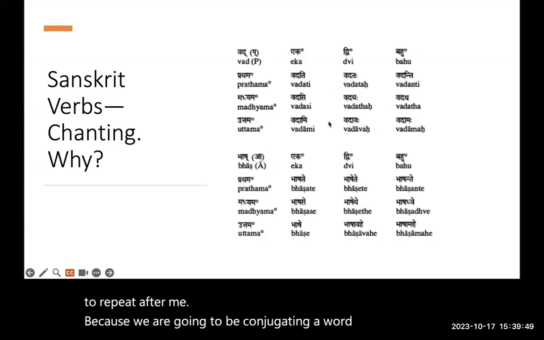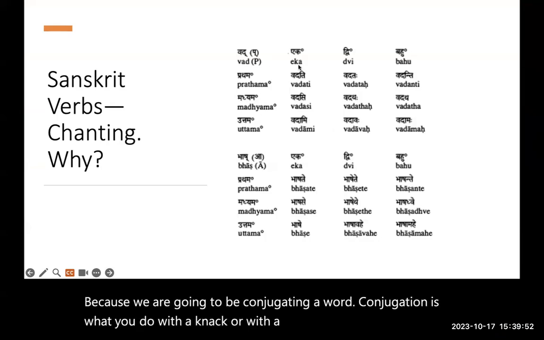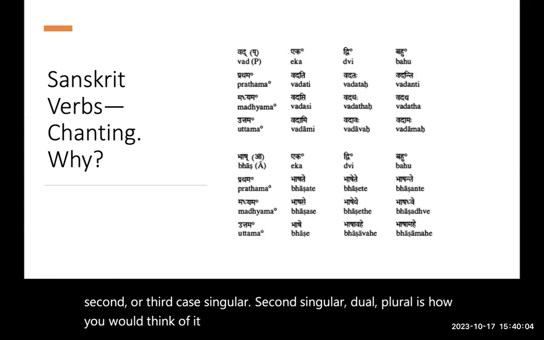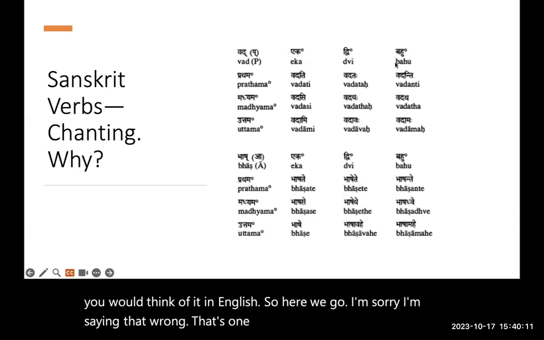Conjugation is what you do with a noun or a verb to put it into first, second, or third person. Singular, dual, plural is how you would think of it: that's one person, 2 people, 3 or more people.